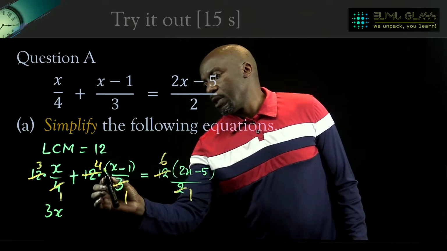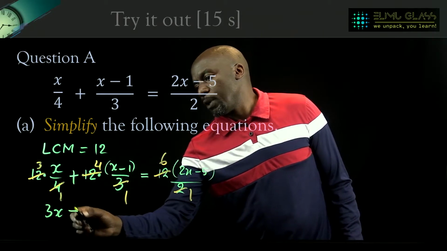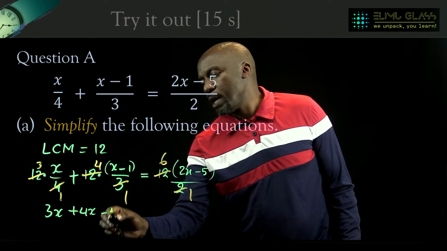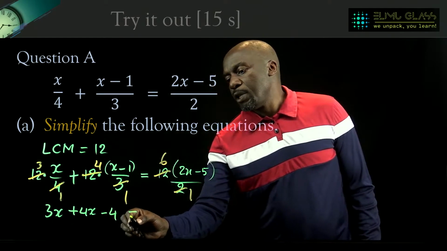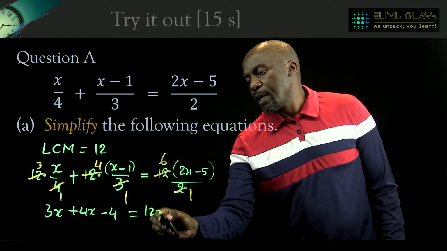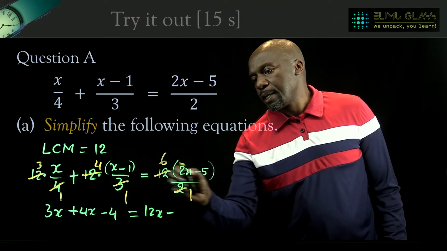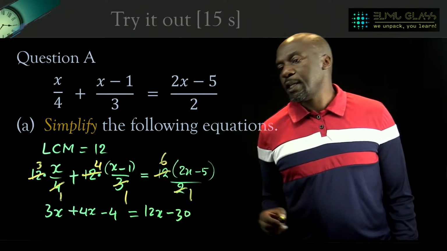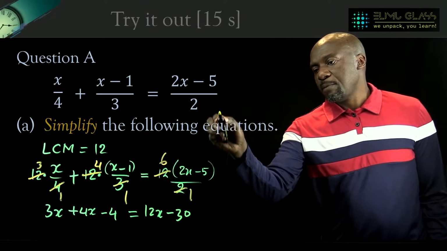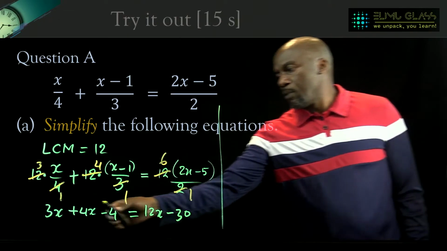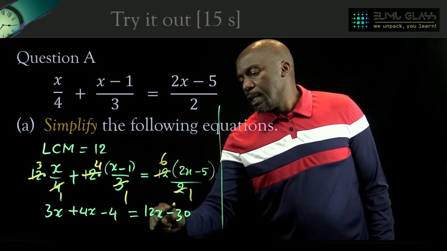So cleaning this out, I get 3x, plus 4 times x, which is plus 4x, and 4 times negative 1, which is minus 4, must be equal to 6 times 2x, which is 12x, minus 6 times negative 5, which is negative 30. And I can simplify my work here now. So that's 7x.